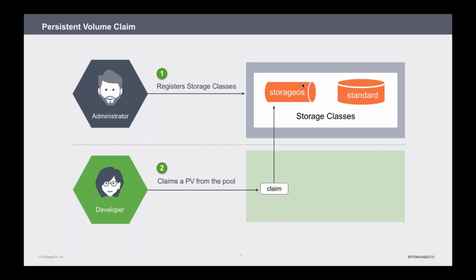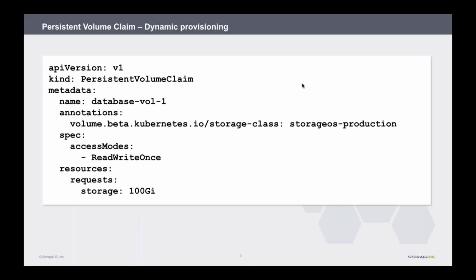Imagine that you have 1 terabyte of data in one hard disk plugged in one of your Kubernetes nodes, and then you say, okay, I'm a developer, I need a chunk of this space to deploy my database. Then as a developer in a namespace, you can define a persistent volume claim. That persistent volume claim is just a definition that asks the system, hey, I need, in this case, 100 gigabytes of data.